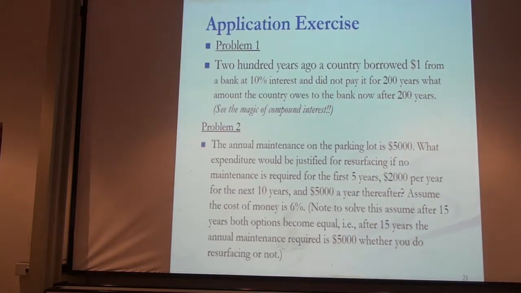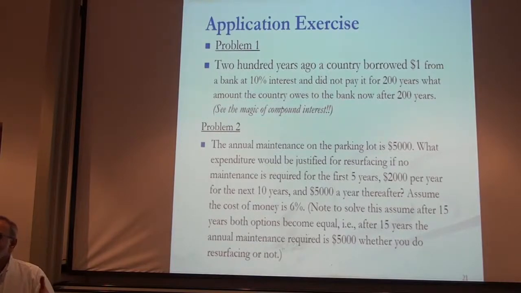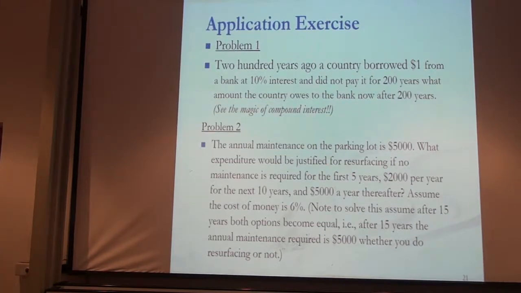But resurfacing requires some investment, something you have to spend earlier. So the question asked is how much you are willing to pay, your maximum willingness to pay for this resurfacing. It says what expenditure would be justified for resurfacing, which means what is your maximum willingness to pay for this resurfacing option.